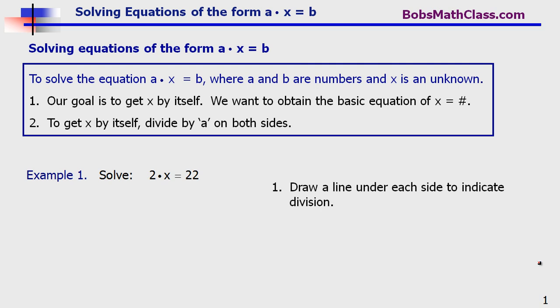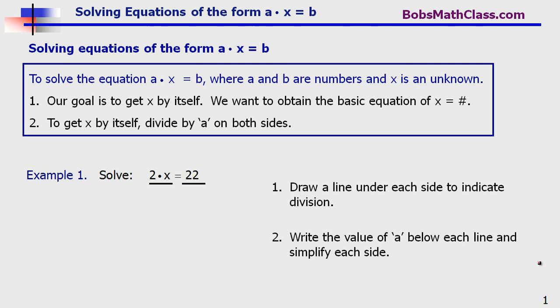So what we're going to do is draw a line under each side to indicate division. And then write the value of a below each line and simplify each side. So what number is in front of the x? 2. So put a 2 under each line.